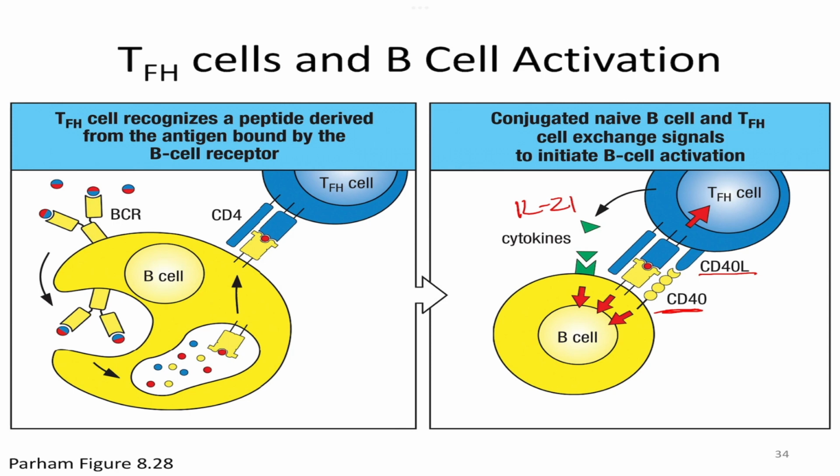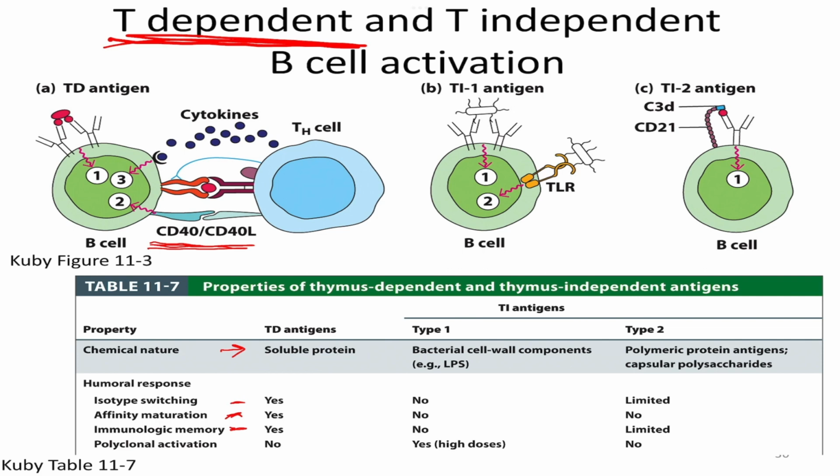So our B cell activation can't happen until we've had T cell activation and until we've had our T cell be polarized to a T follicular helper cell. This also is really important in thinking about some aspects of B cell responses. If you recall, I told you that T dependent responses tend to happen only with protein antigens.